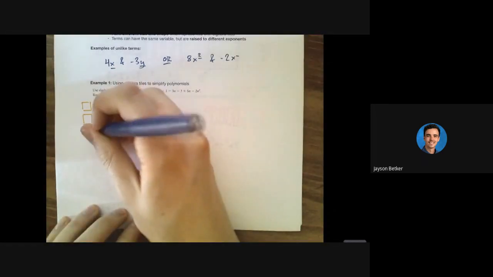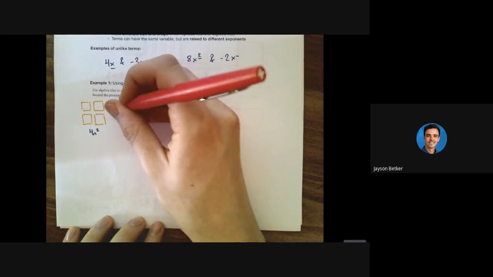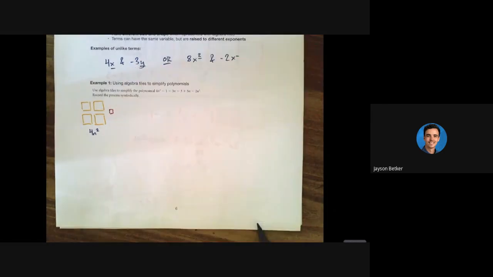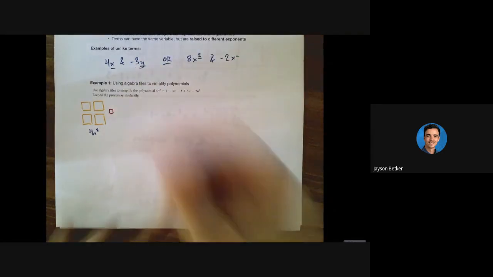So there's my 4n squared. Maybe I'll write it underneath. 4n squared. Minus 1. Okay, how do I do minus 1? Minus 1 is going to be just one little guy like that. So that's minus 1. And then what's our next one? Minus 3n.